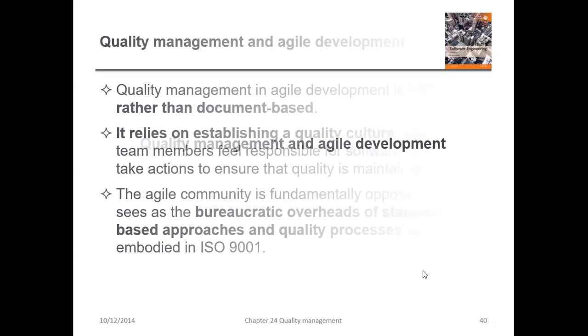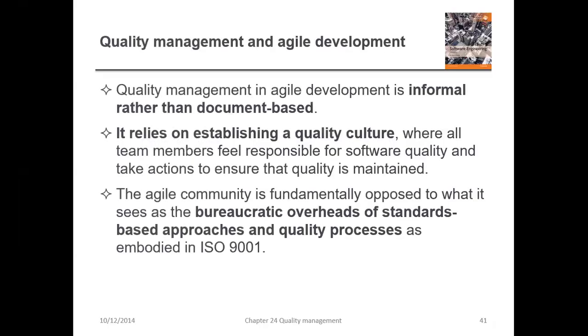Quality management in agile development is informal rather than document-based. Why? Because we know that the agile team does not focus too much on documentation. They are more interested in producing a working system quickly, and so they don't spend time on bureaucratic stuff like detailed documentation.